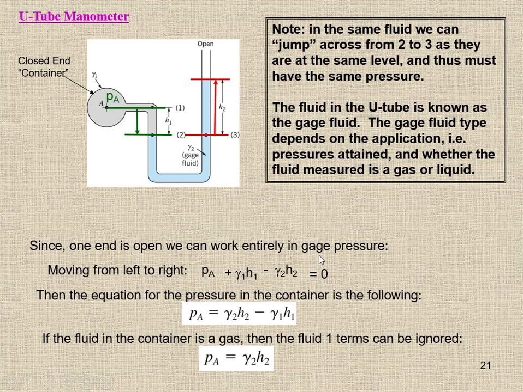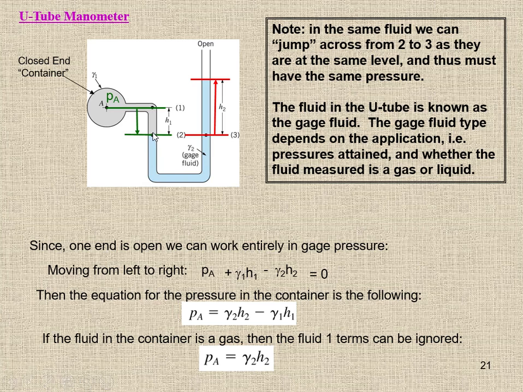We start from here, the pressure at point A, PA. Now there is a height of fluid, and the pressure due to this height, where the specific weight of this fluid is gamma 1, is plus gamma 1 H1. So we are going down, and down is positive. As you go down in the fluid, the pressure increases.